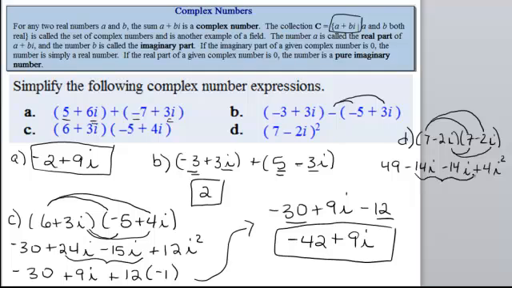Combine like terms. So 49 minus 28i plus 4 times negative 1. Excuse me. So that's 49 minus 28i minus 4. Combine your like terms again. 49 minus 4 is 45 minus 28i.